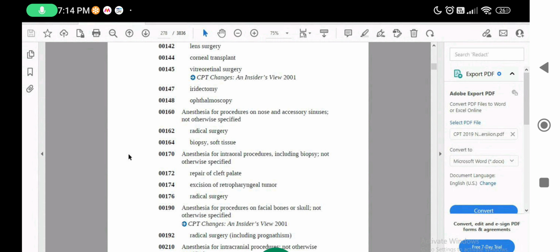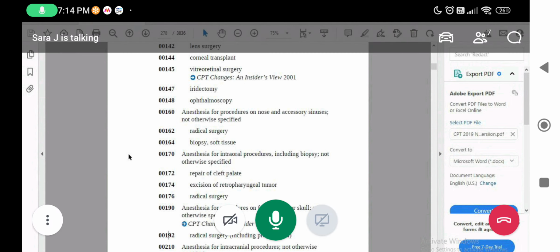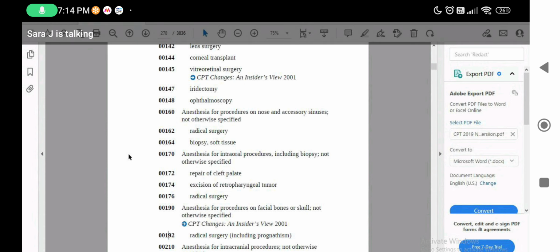Radical surgery. Okay. So three codes I'm asking. All three codes are radical surgery, right? 00162 also radical, 00176 also radical, 00192 also radical.